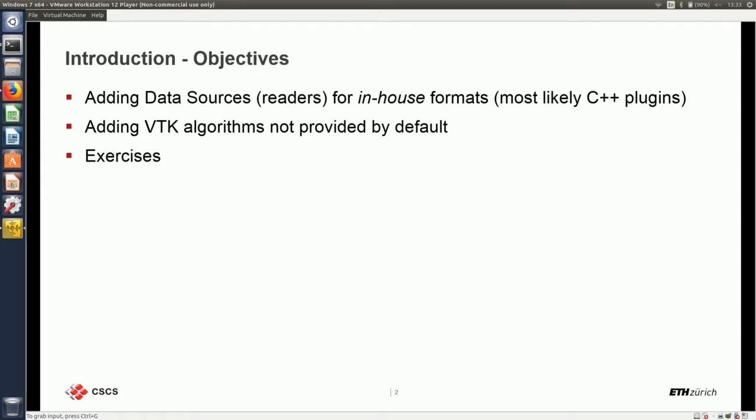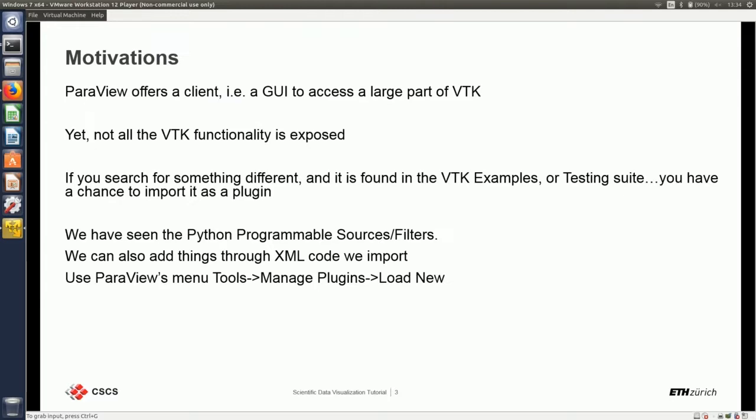And you could do that via a plugin. So doing a custom plugin is one way to customize ParaView. Another option is to use VTK algorithms which are not actually visible in the ParaView package. And then I'll have some examples on how to do this.